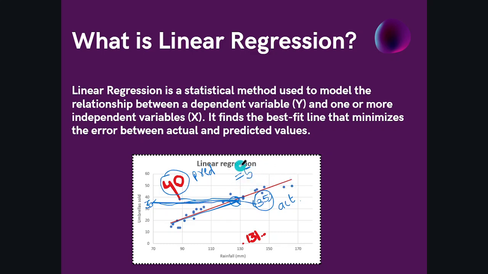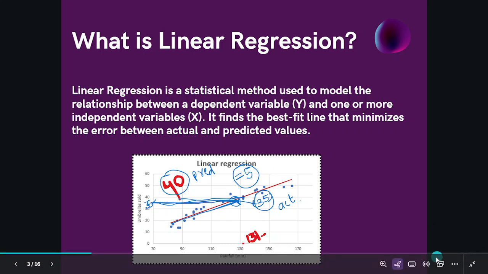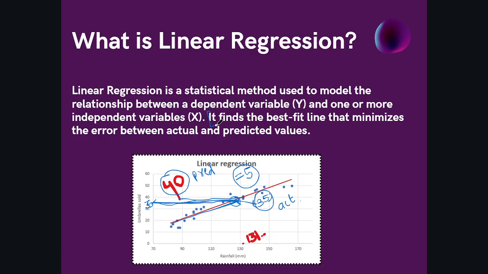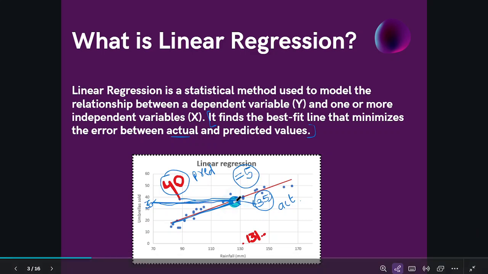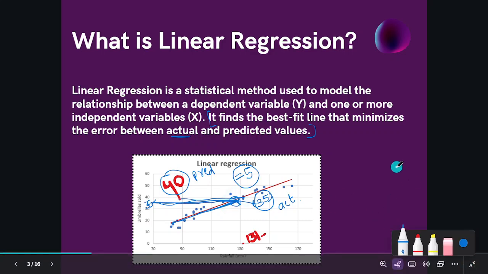So this is the error between our prediction and the actual value that was supposed to be correct. I am pretty sure that you got the point of what predicted and actual value mean in this graph, and what the best fit line means by intuition. So let's move on to the next slide.